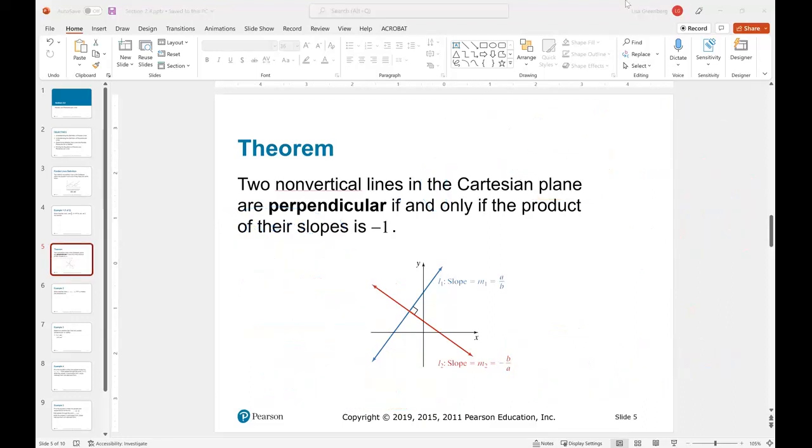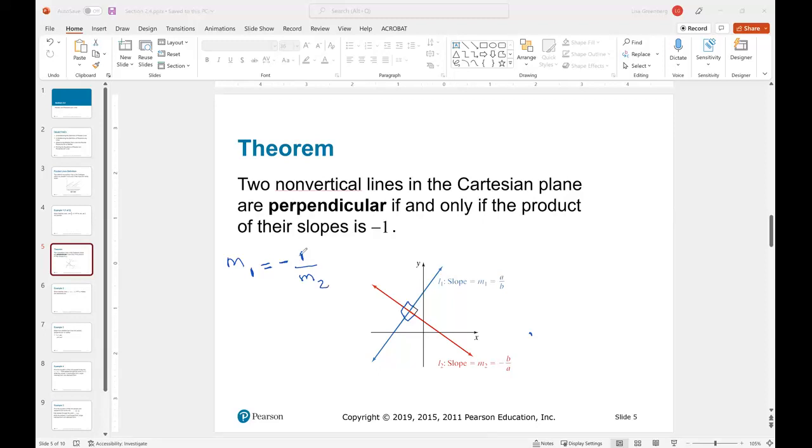Okay, so now we want to talk about perpendicular lines. Perpendicular lines are always going to make a 90-degree angle. All of these are 90-degree angles with each other. So they cross at 90-degree angles. And basically, we say that the slope of the first line is equal to the negative reciprocal, meaning negative 1 over the slope of the other line.